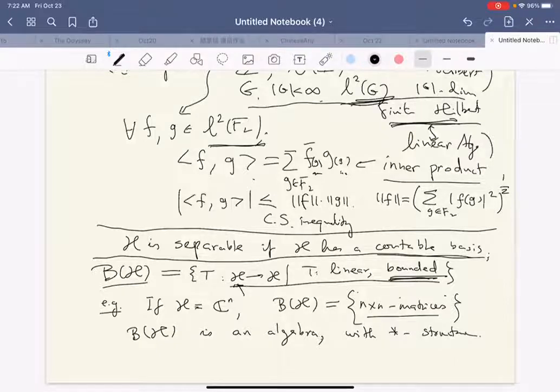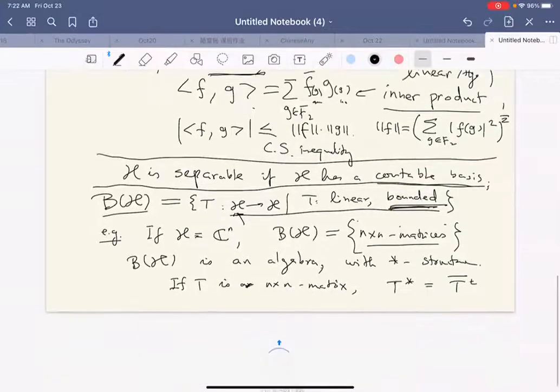In the case of matrices, if T is an n by n matrix, what is the T star? T star is just the transpose and then you take the complex conjugate. That's the star operation.